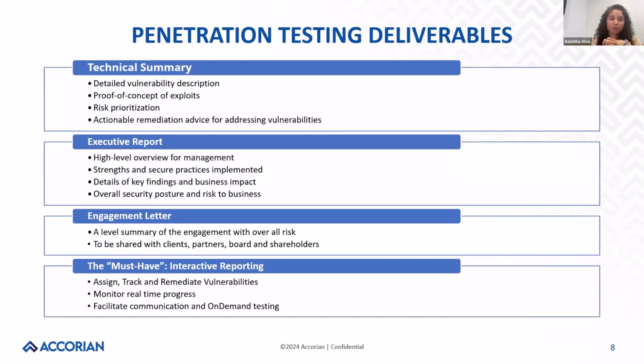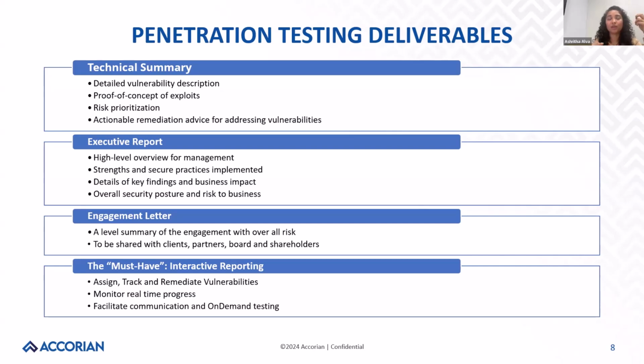Also, to cater to the management, get a high level executive report, which would talk about the overall security posture. The strengths and the best practices are also important because they talk about your current understanding of the security maturity of the organization, and the business impact of all of the vulnerabilities in silos. Each vulnerability may seem like it may not be critical, but a lot of times chaining these vulnerabilities makes a lot of impact.